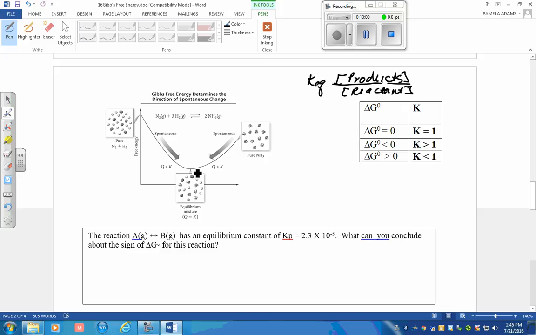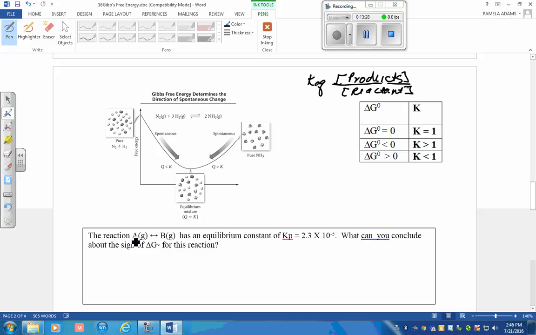When delta G is at its lowest, that would be 0. It is at equilibrium, Q equal K. This is equilibrium. When this is happening, the slope of this line is negative, that is spontaneous. When this is happening, the slope of that line is positive, it is non-spontaneous.